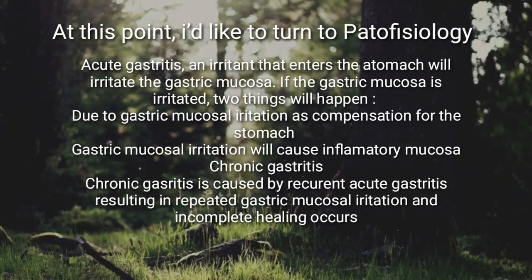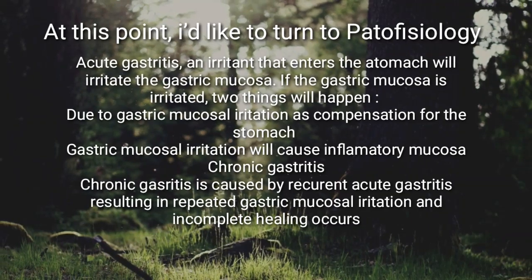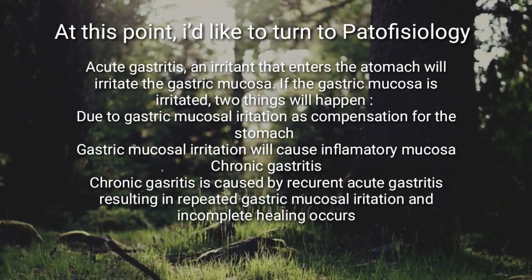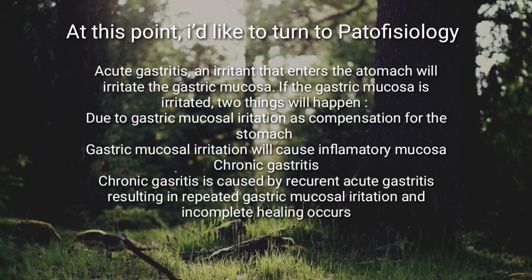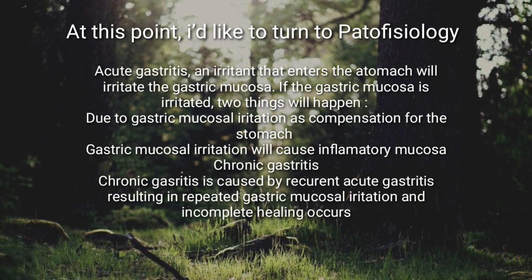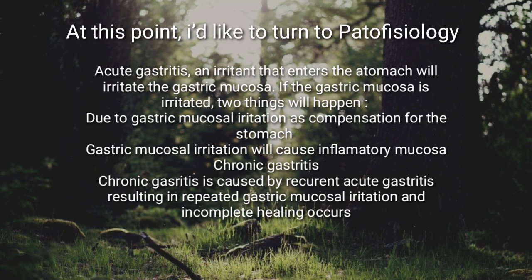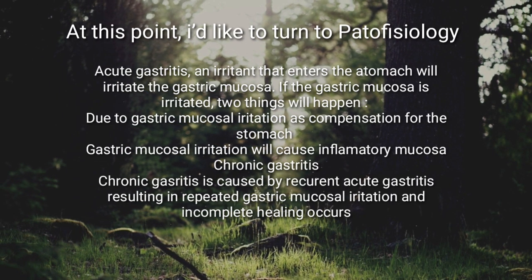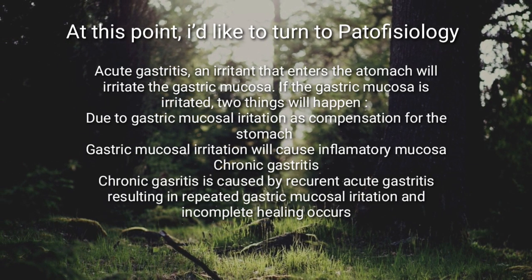Number 1. Acute gastritis. An irritant that enters the stomach will irritate the gastric mucosa. If the gastric mucosa is irritated, two things will happen. 1. Due to gastric mucosal irritation as compensation for the stomach, gastric mucosal irritation will cause inflammatory mucosa.